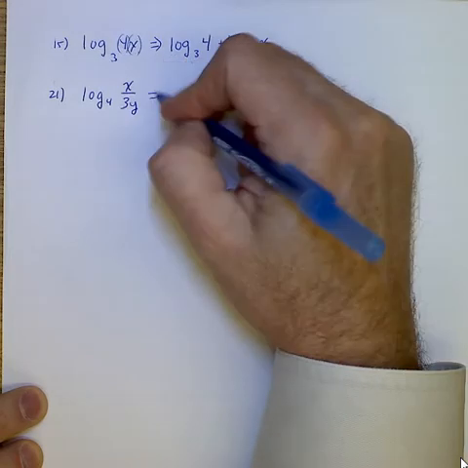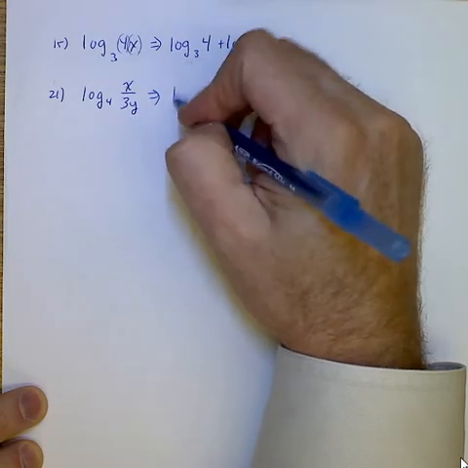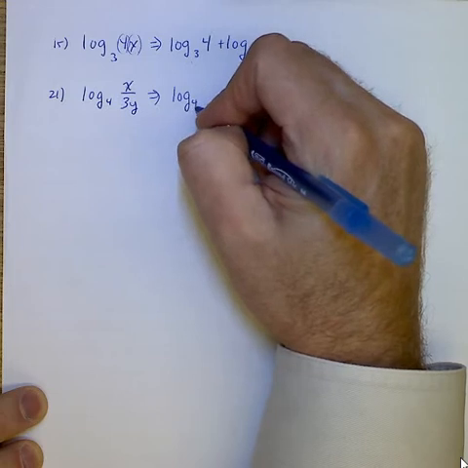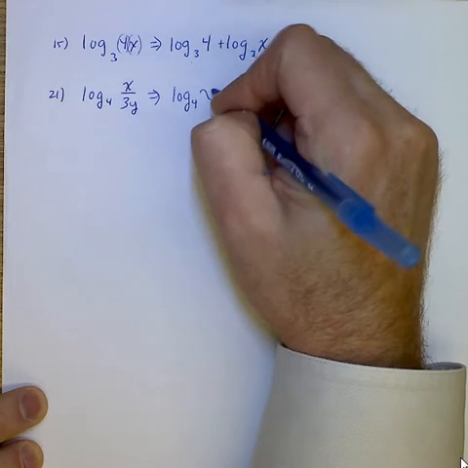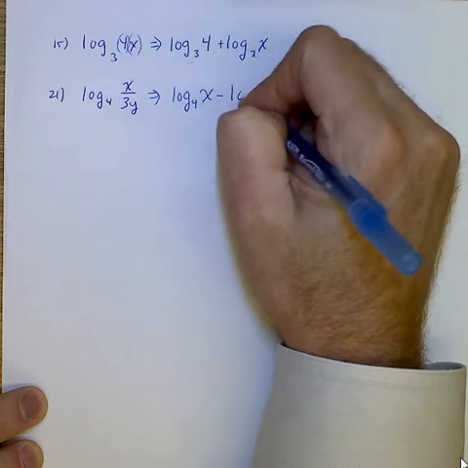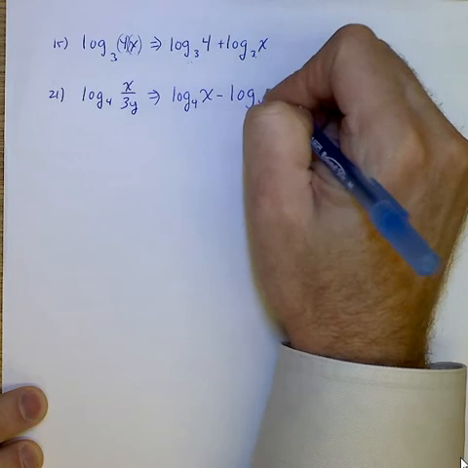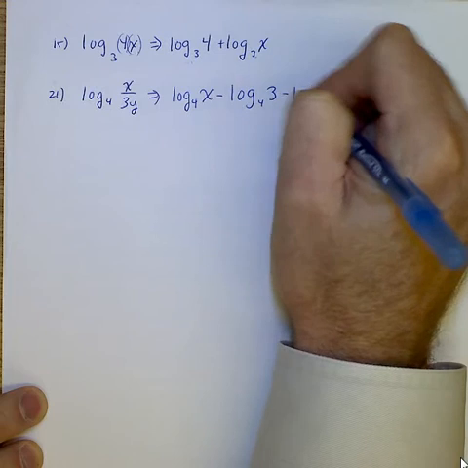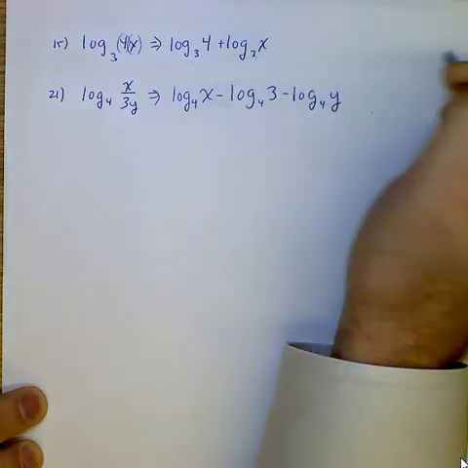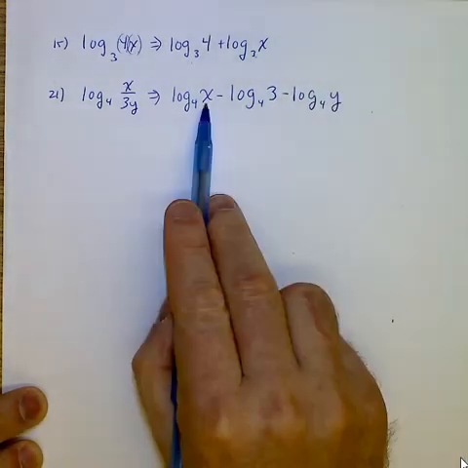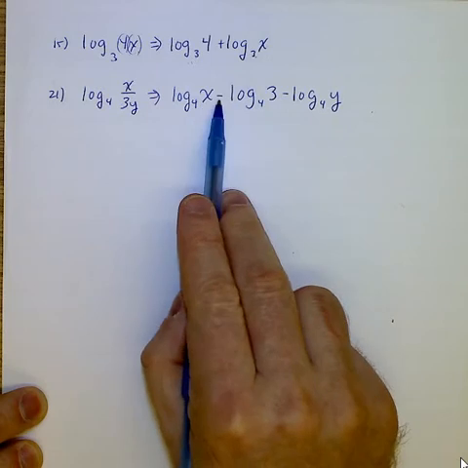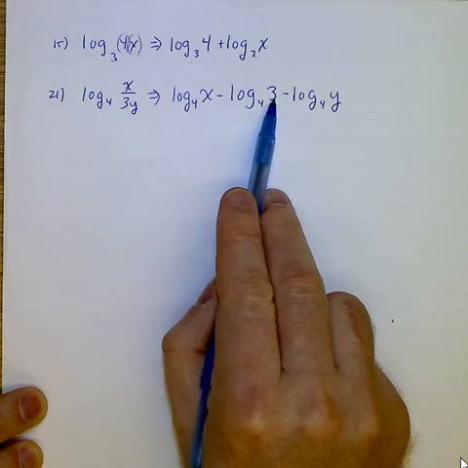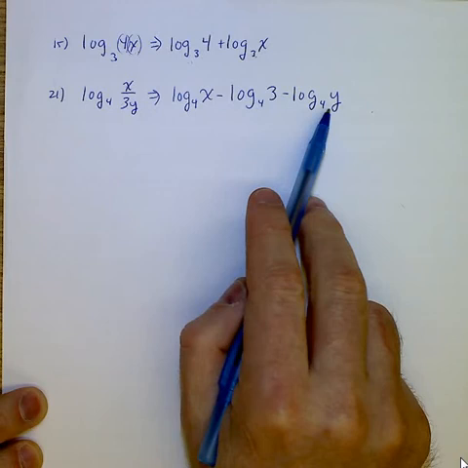So we're going to end up, since there's three terms, with three log statements. The first will be the x, then minus for the division for the 3, and then minus for the division for the y.